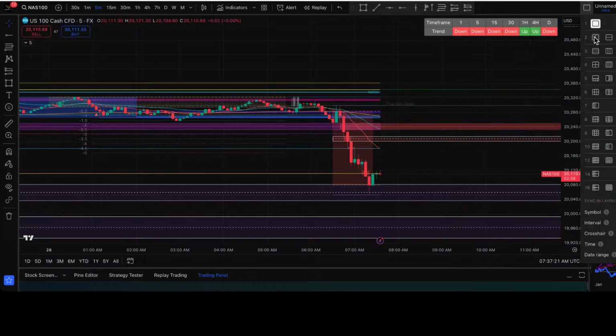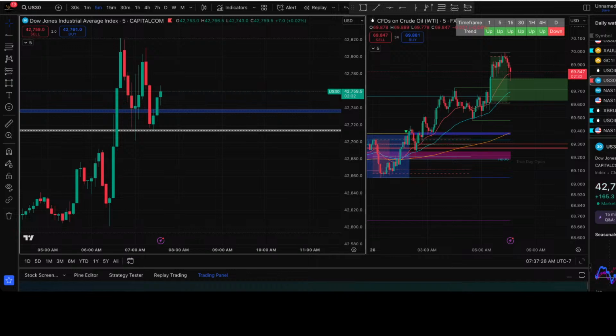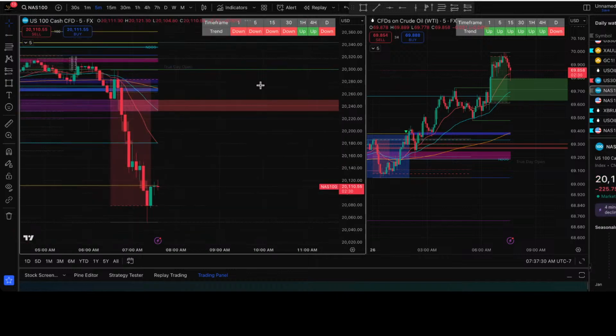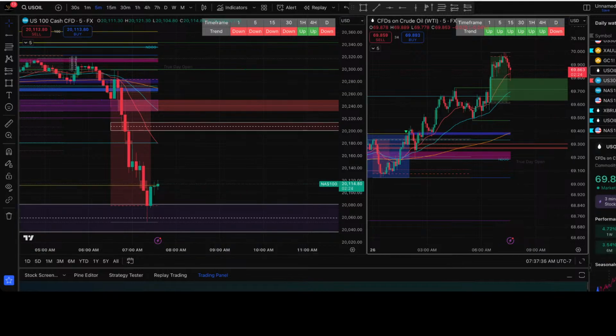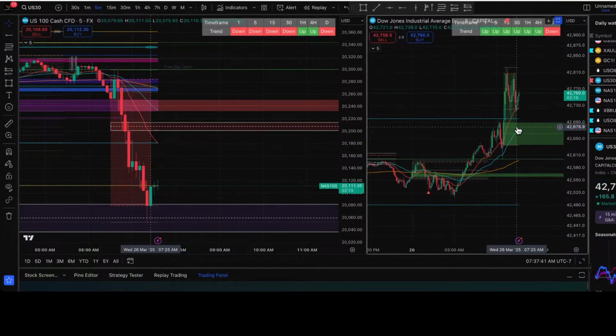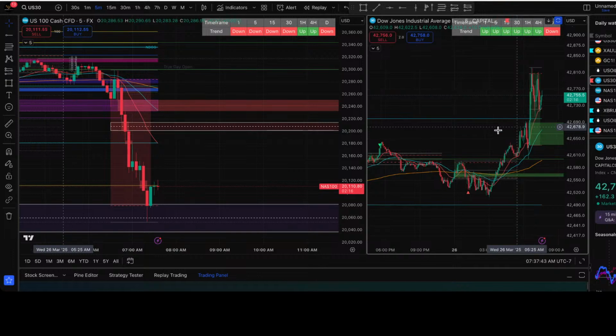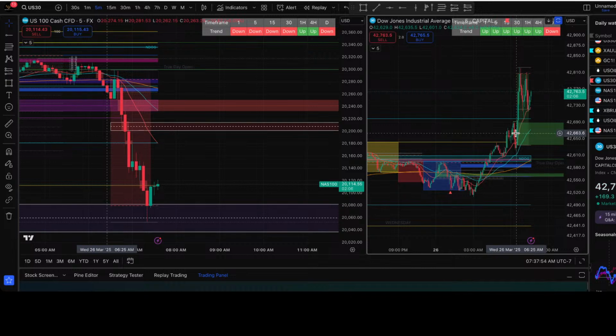While we're waiting for that, we can take a look at the US 30 for now. So with US 30, we had a downside expansion model that turned into a bit of an upside with New York closing above Asia highs.